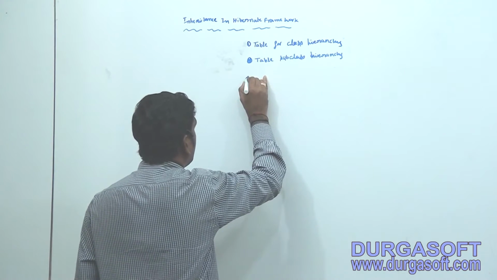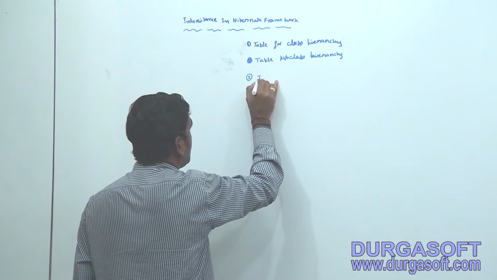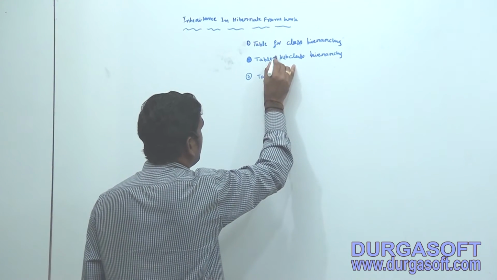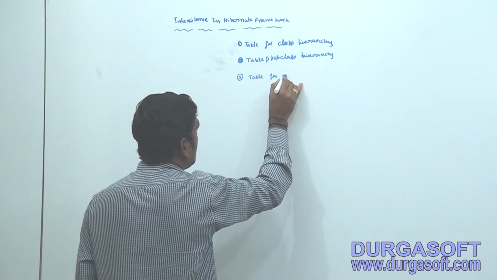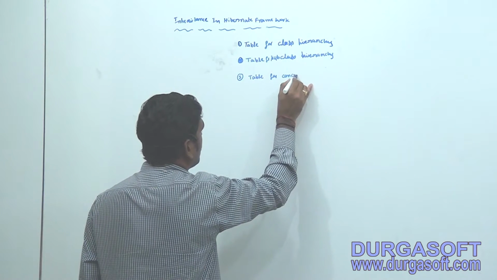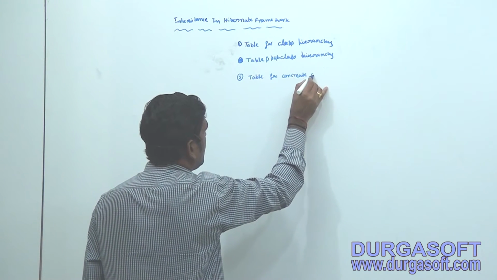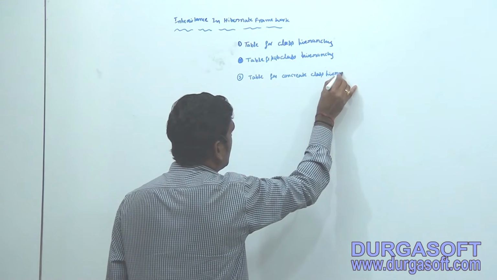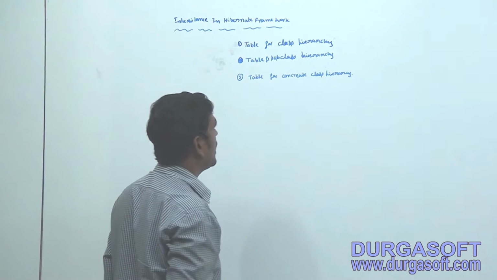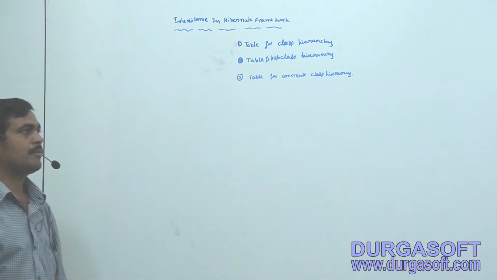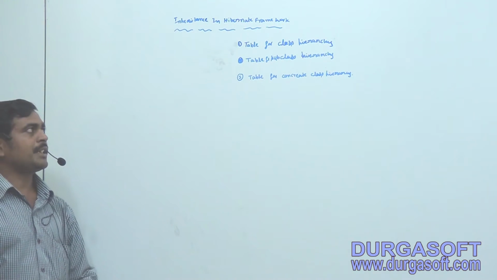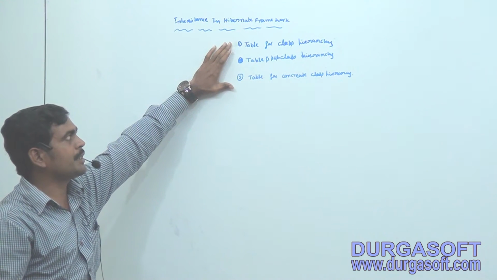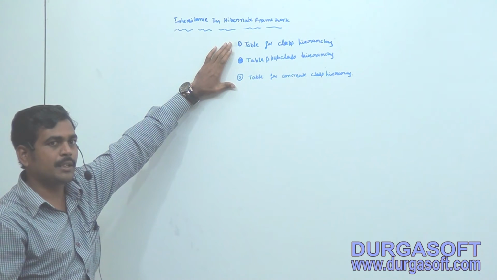Number three, table for concrete class hierarchy. Totally three types of inheritances are there as part of the Hibernate framework.